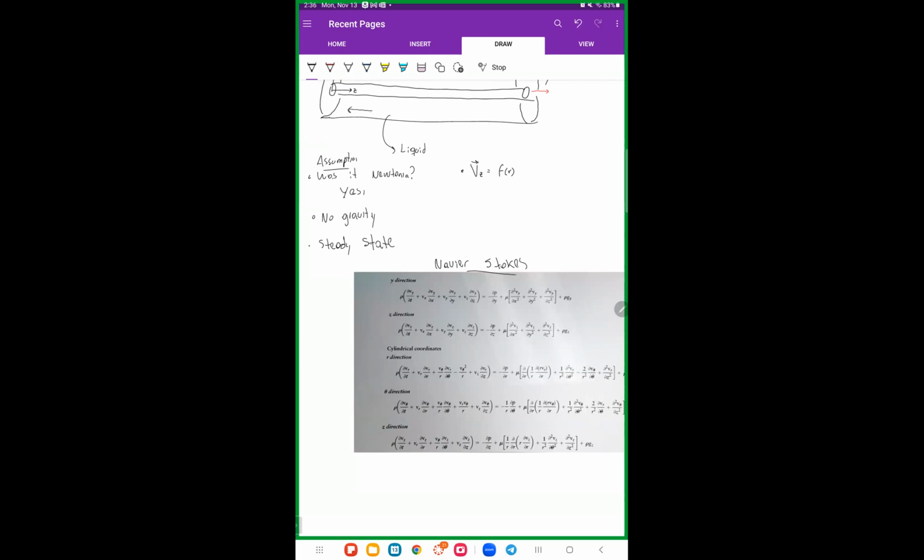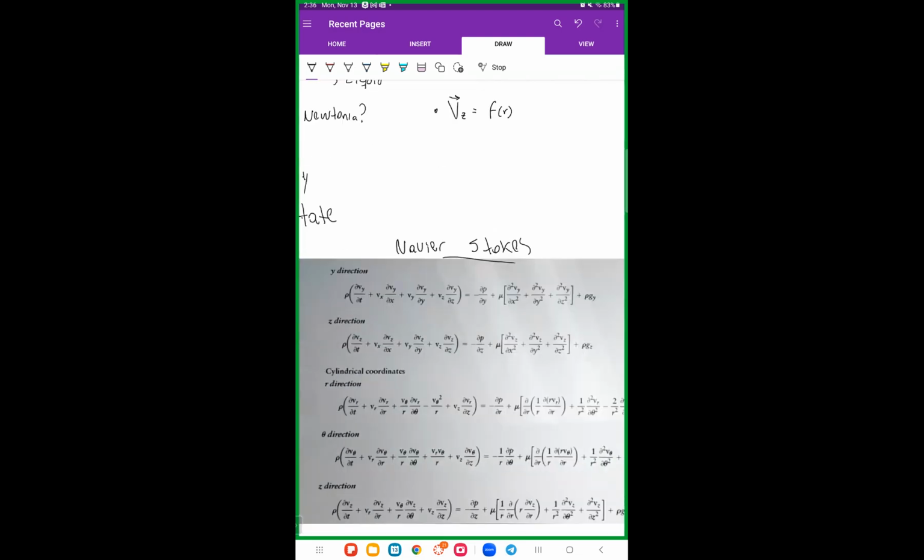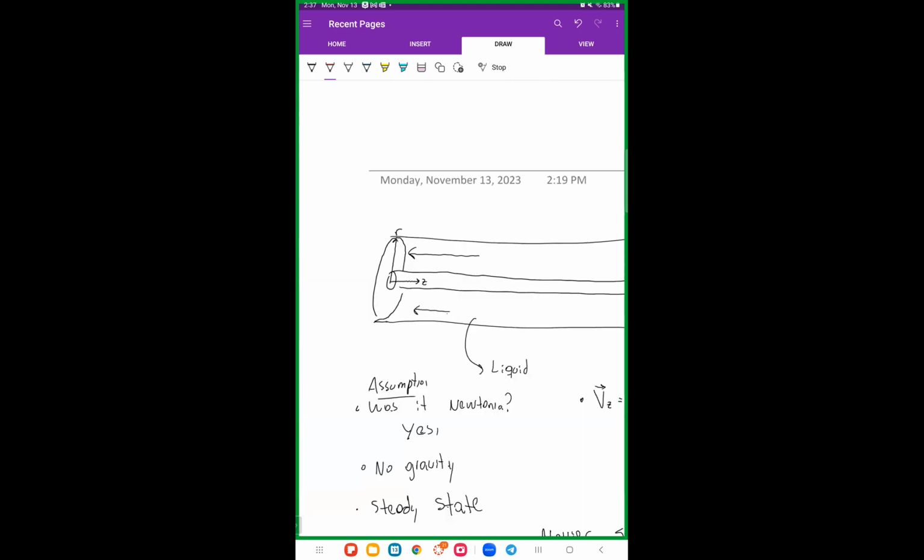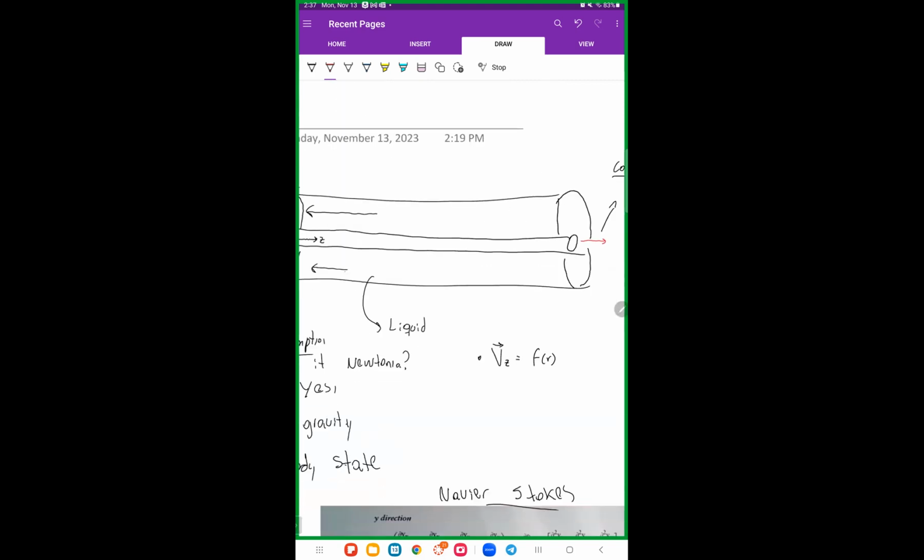Essentially, you can cancel out dvz over dt, because it's steady state. What else? There's no v_r. What direction is the flow? It's in the z and also negative z direction. Good catch, because the velocity goes one way and then the other.